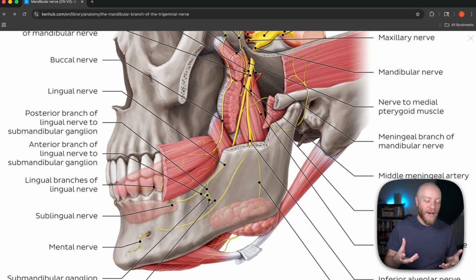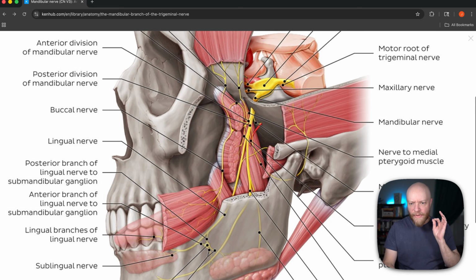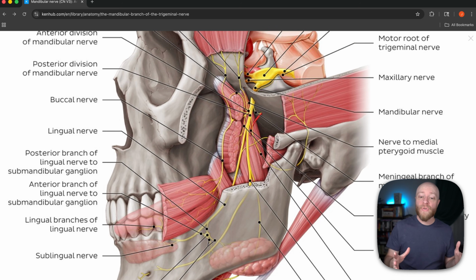It's going underneath the tongue. When you start actually breaking down the vast majority of these nerves, you're going to see it makes a whole lot of sense where these things are going. Now, there are some unintuitive ones, but for the vast majority of these, they are named really intuitively, and that is intentional.